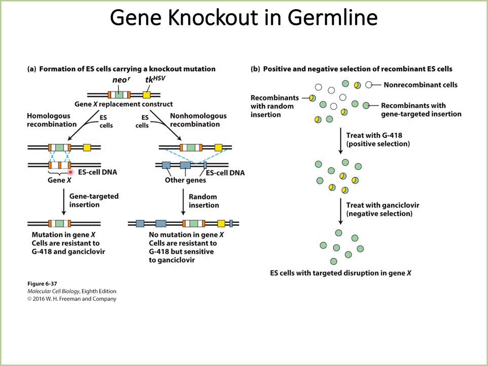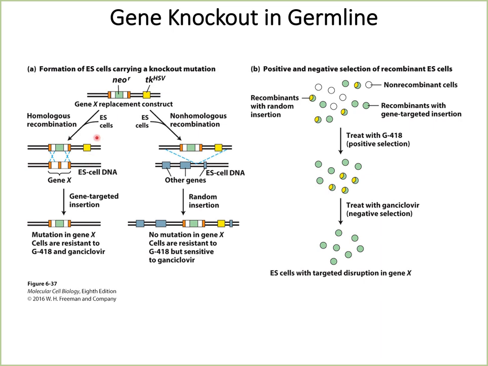So this is a targeted insertion. Now if you grow these cells, the cells with the mutation in gene X are resistant to G418, because this confers the resistance, and you also grow them in the presence of ganciclovir.